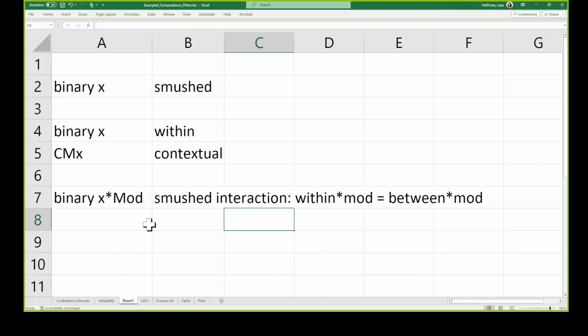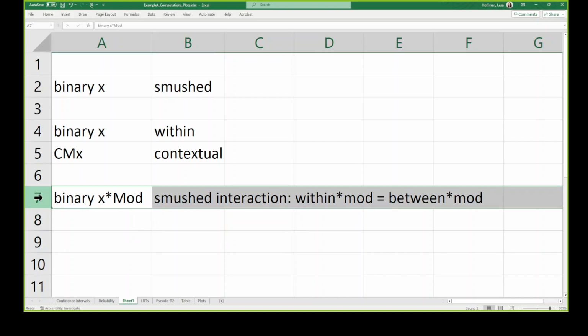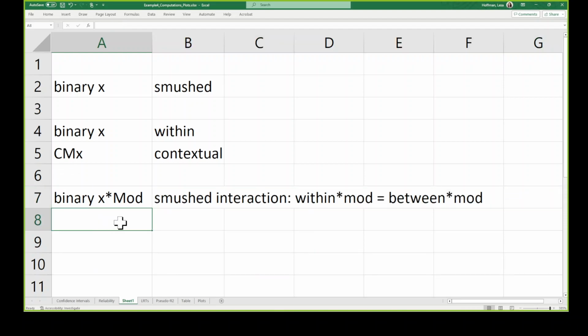So then to fix it, the rule is whatever you do to the level 1 slope, you got to do to the corresponding level 2 slope. So what do I need to add then to the story? The cluster mean of x. Yeah, cluster mean x times my moderator.